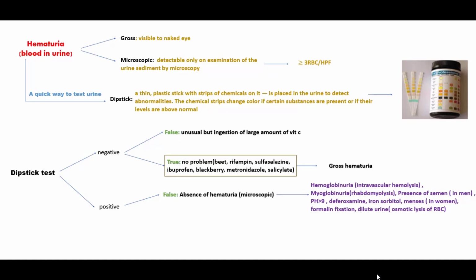In this setting we cannot see the RBC in high power field, but we have a positive dipstick. Then we have a true positive dipstick for hematuria.